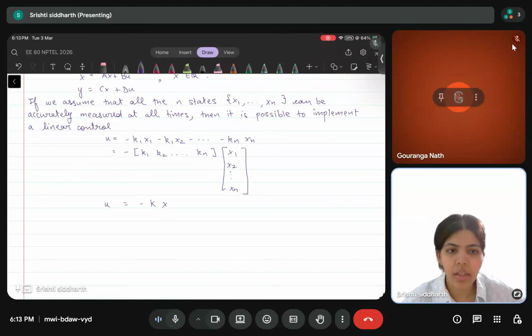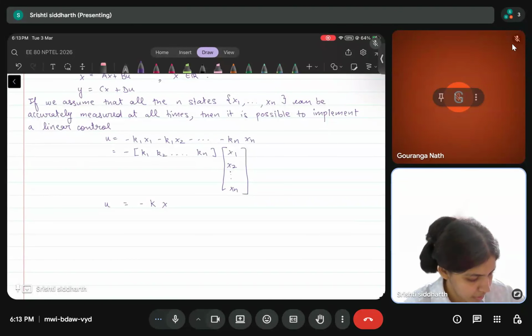So if x is an n by 1 column vector, K is going to be a 1 by n row vector. This is known as the gain matrix, gain vector, or the control gain vector.